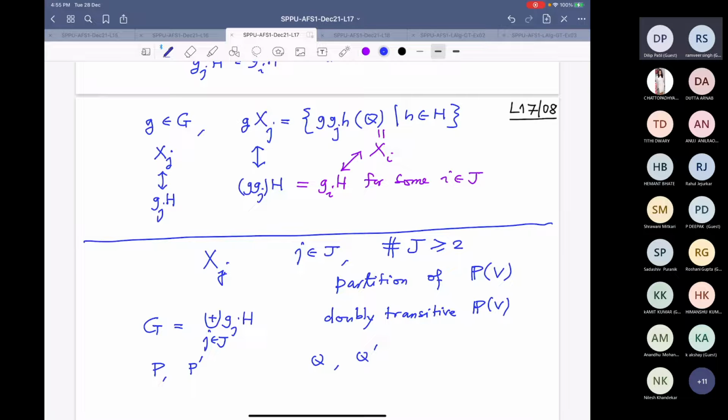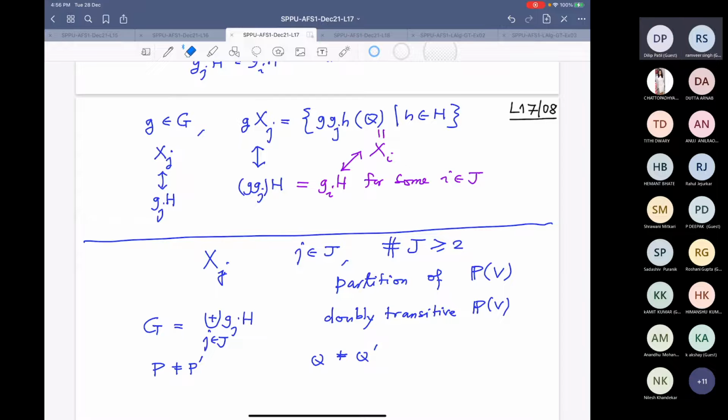See, suppose I choose P and P prime in different subsets of the partition, and these are in the same. Then the only chance that G will map both of them is if they either belong to the same set in the partition. Otherwise, any g will carry P to somewhere else and P prime to somewhere else.